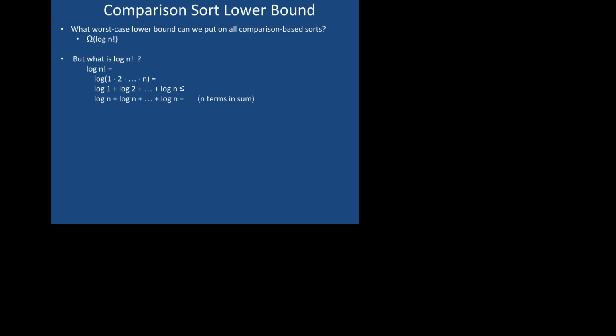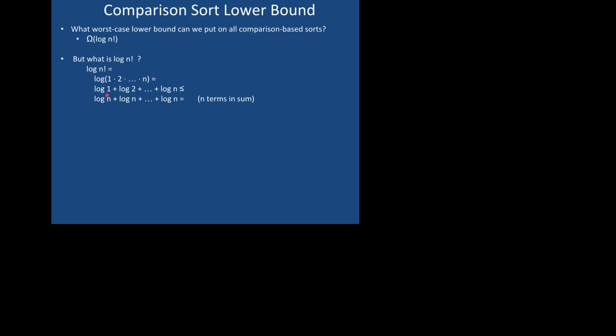But how can I assert that? I mean, we're adding log n to itself n times. So why is this sum here less than or equal to this sum here? What's the argument? Yep.